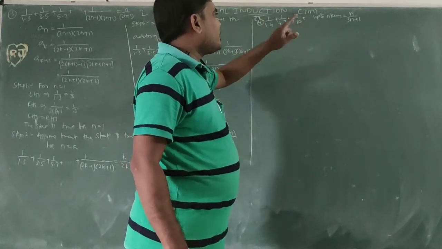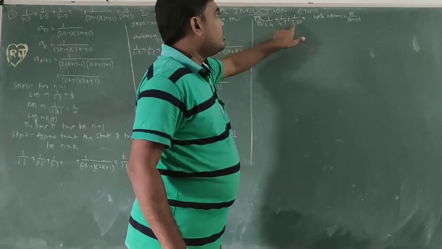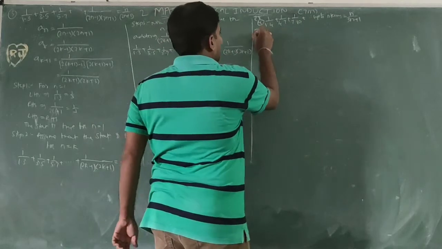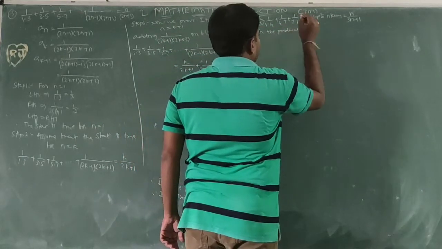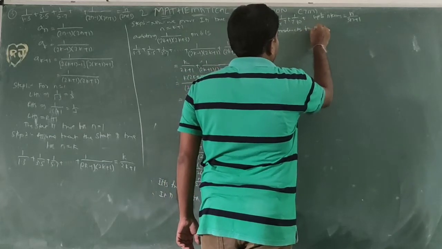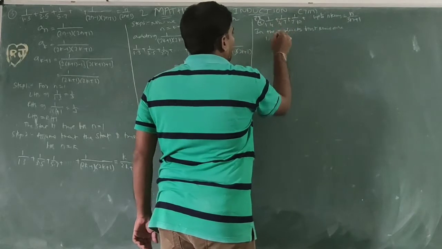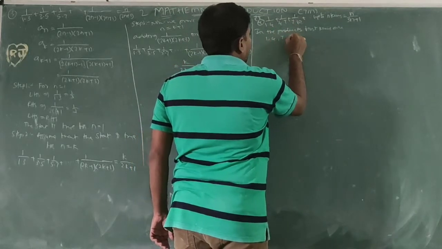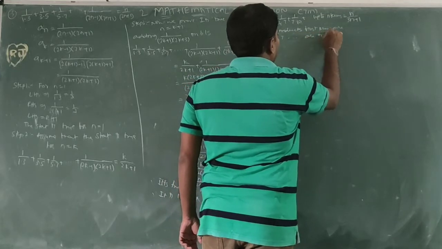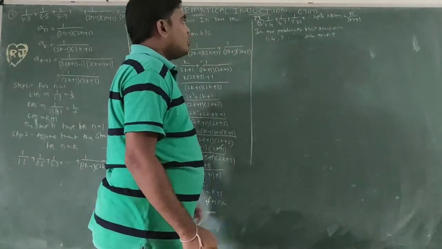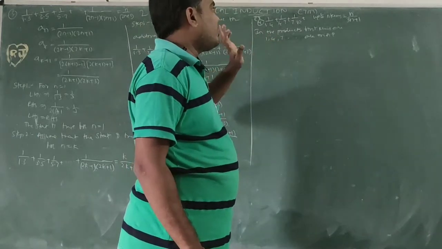In all the products, observe the first terms: 1, 4, 7. These are in AP. 1 plus 3 is 4, 4 plus 3 is 7, so the differences are 3.